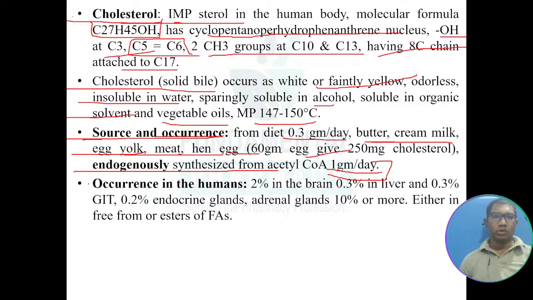Occurrence in humans: humans में कहाँ पे पाया जाता है कोलेस्ट्रॉल? 2% in the brain, 0.3% in the liver, 0.3% in the fatty tissue, 0.2% in the endocrine glands, and in the adrenal glands 10% or more.